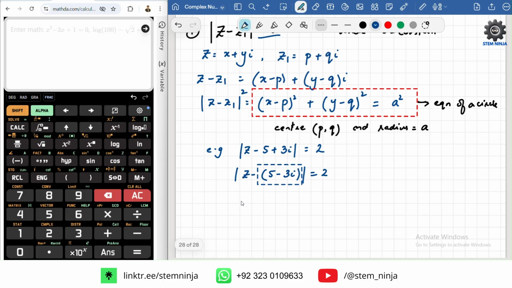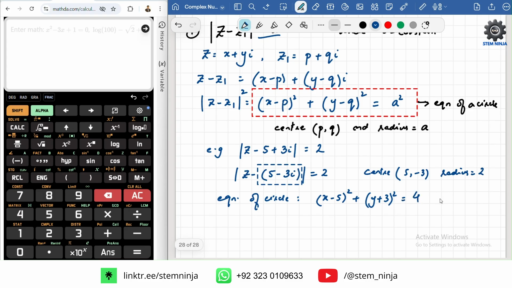So how would we finish this? The center is (5, minus 3) and the radius is equal to 2. So the equation of the circle would be (x minus 5) whole squared plus (y plus 3) whole squared is equal to 4, because 2 squared.